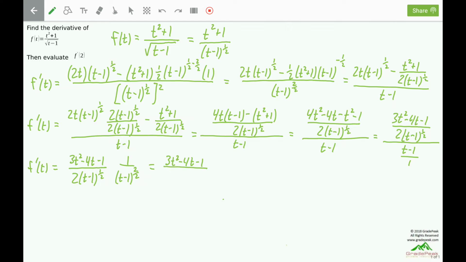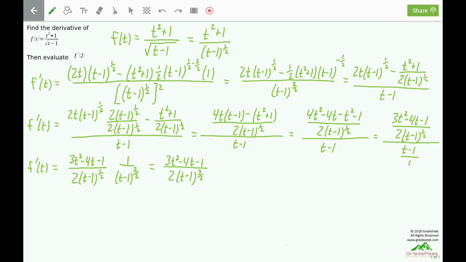And in the denominator we will have 2 times t minus 1, add the exponents, 1 plus 2, 3 over 2. It'll be to the 3/2 power. There's the simplified version of the derivative f prime of t.